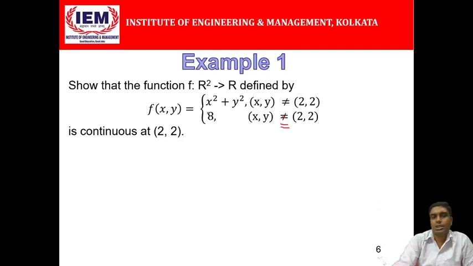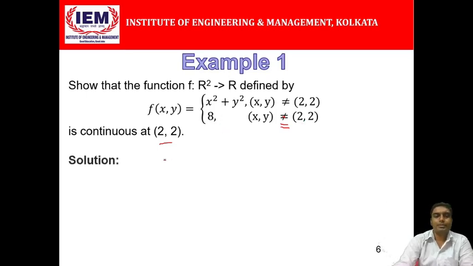We have to check whether it is continuous at the point 2, 2. For this, we have to check whether the limit at the point 2, 2 of this function is exactly equal to the functional value, that is 8, right?